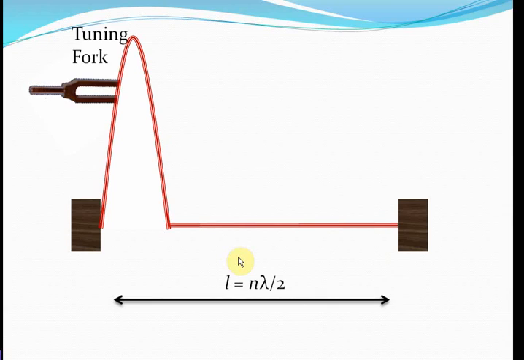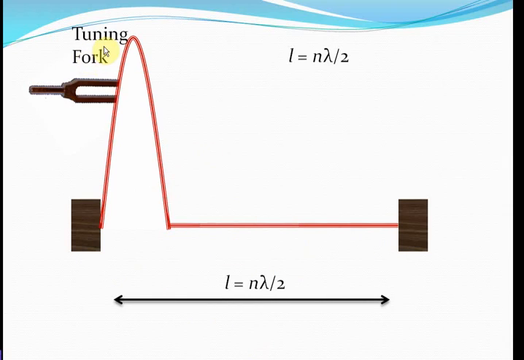Such a situation where a driving force makes the amplitudes of the waves created in the string increase because the waves that are produced later are in phase with the waves that are produced earlier, such a situation is called the resonance condition.